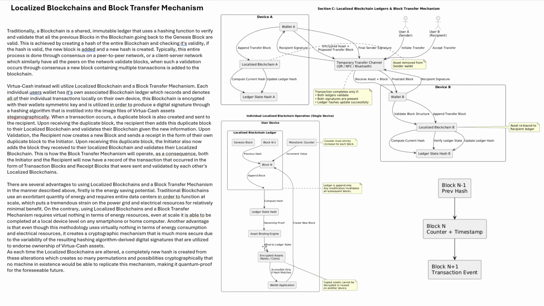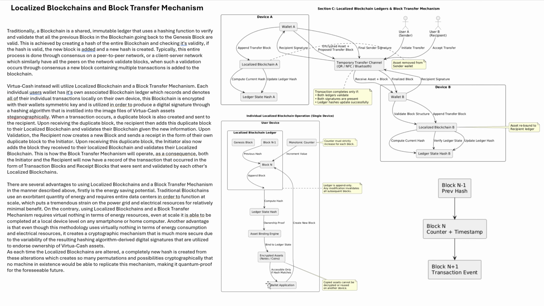And this then works with the asset binding engine that we talked about before, which was with the cryptographic asset, where I take this hash from my local. So after all that happens that I talked about, where I send a block, they validate, they send me a block, I validate it, I then take the hash of that operation, of how the state has changed in my state machine, and I then use this as an encrypted digital signature, which I then put into my assets, which are then stored in my wallet application.